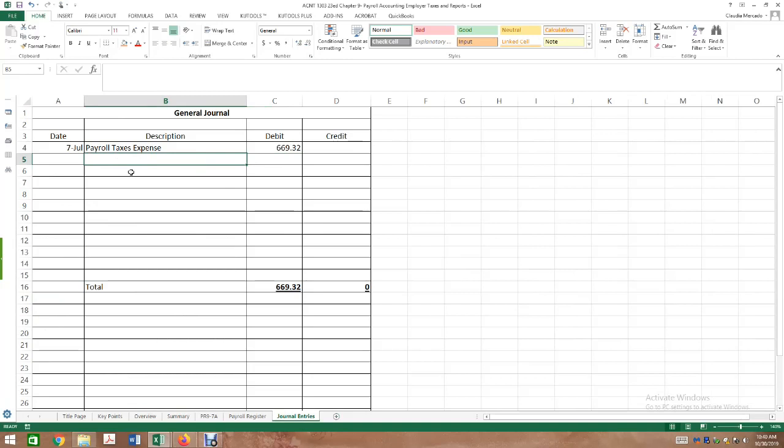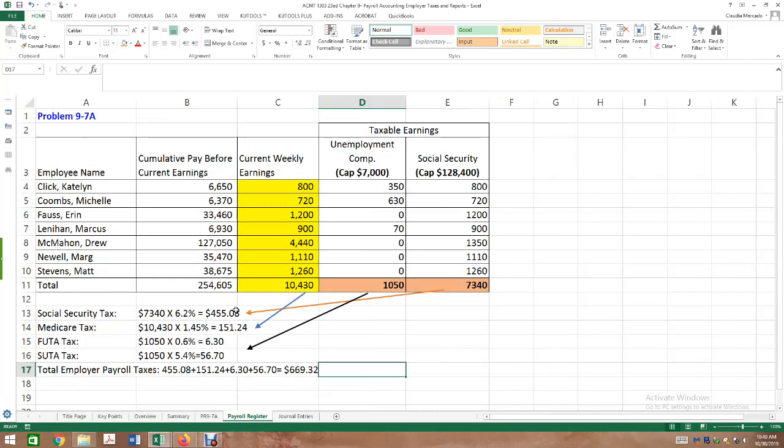Then we're going to have our different taxes. So we're going to pay those taxes and put them into our payable. So I'm going to have Social Security tax payable. And that amount will be the $455.08 that you calculated right here.